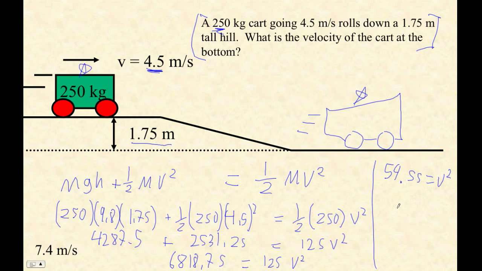Then I square root both sides, and v is 7.3857. Since we have 2 digits here and really just 2 digits there, we'd write this as about 7.4 meters per second. Beyond this point, it's all just math. Hopefully we can do the math. I highly recommend that you look at the next 3 examples.